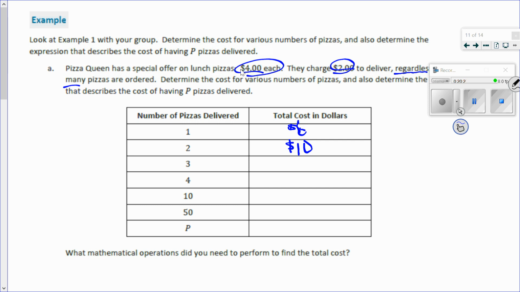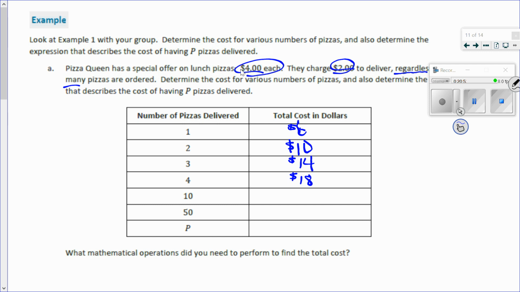So what about my third pizza? Now what am I at, Gabby? $14. Because again, now I just added another pizza, another $4. Then we go to 18, because it's another $4 for the next pizza.